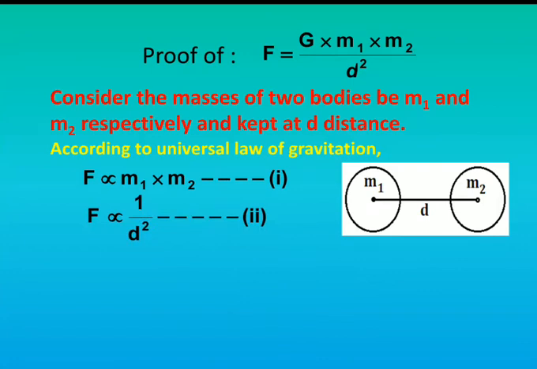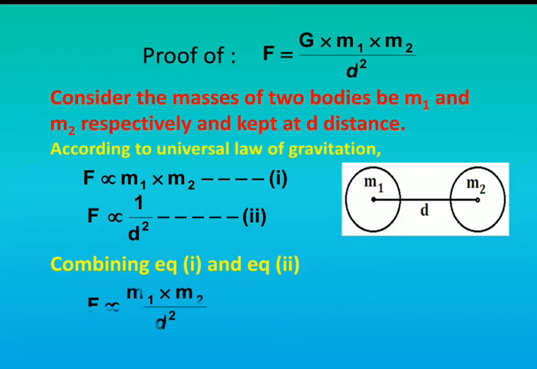F is inversely proportional to the square of distance, equation number 2. Combining equation 1 and equation 2, F is proportional to M1 into M2 upon D square.